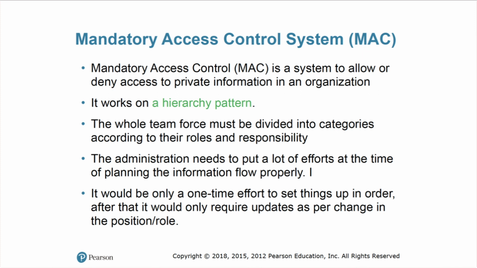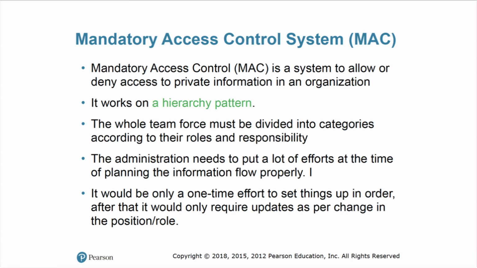Here we can also see that the use of the clearances or the security labels allows the system administrators to specify the level of confidentiality associated with the resource. For example, if the secret level is selected, that means all the information should be restricted to the members of that hierarchy only.